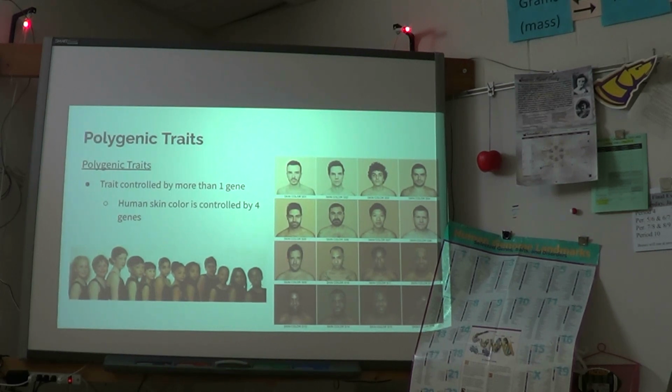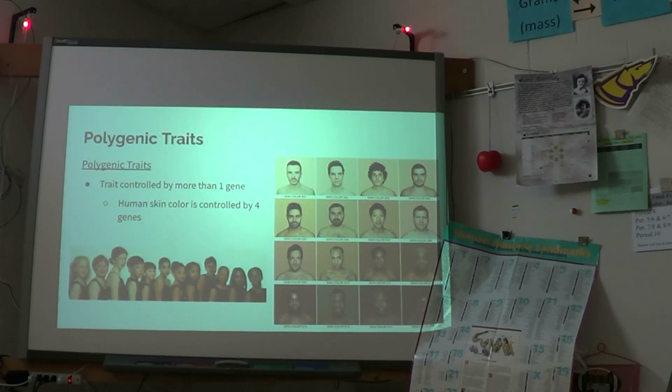Now we've also said that me flipping a quarter has absolutely no impact on me flipping my nickel, which is true when we're flipping quarters and nickels. But it's not always true with traits. If you look at someone who has very fair skin, or someone with very dark skin, there's often, not always, hair colorations that go along with that. So if you have a fairly light skin complexion, you probably have blonde or red hair.